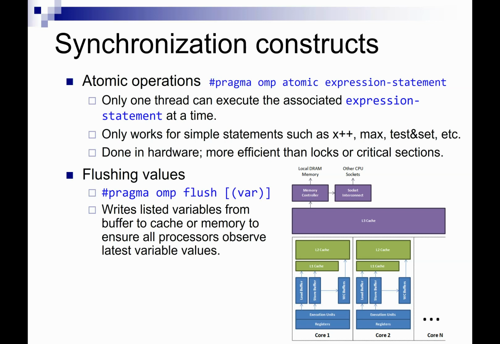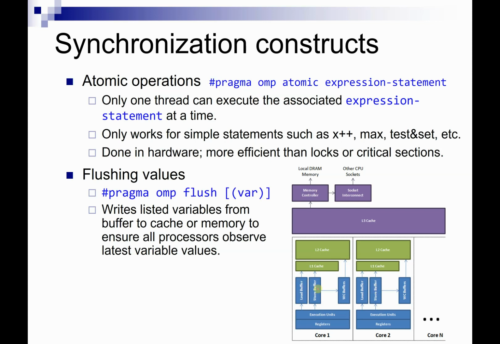The reason this is needed is because, let's say you have a thread operating on this core. When it's modifying variables, these variables might be stored in these buffers for efficiency purposes. These buffers can be accessed very quickly. But when they're in these buffers, the values of the variables are not visible to any other threads in a different core.